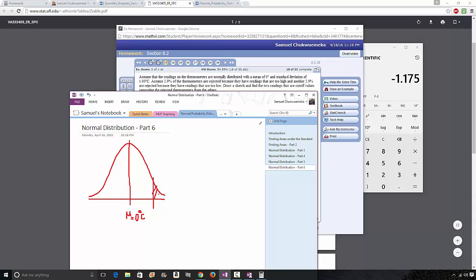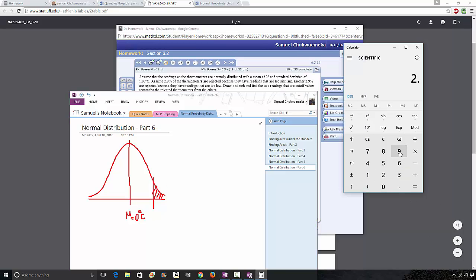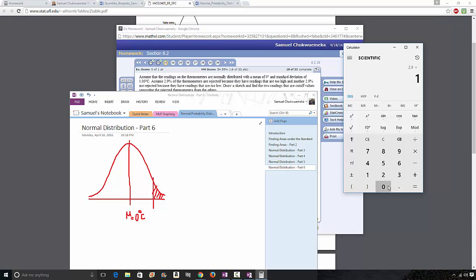This area right here. And another 2.9%, now this is 0.029, 2.9 divided by 100, to the right.